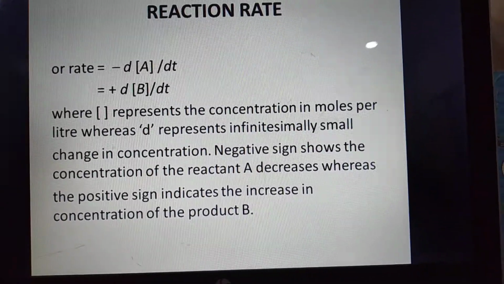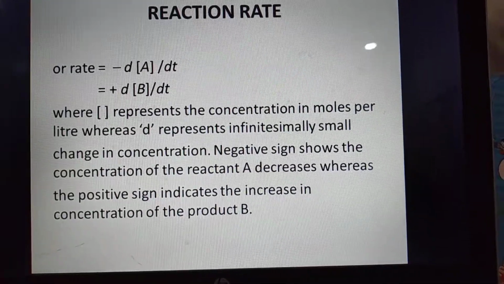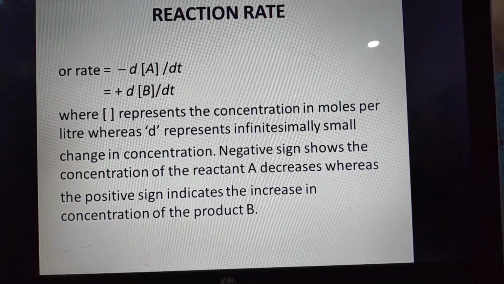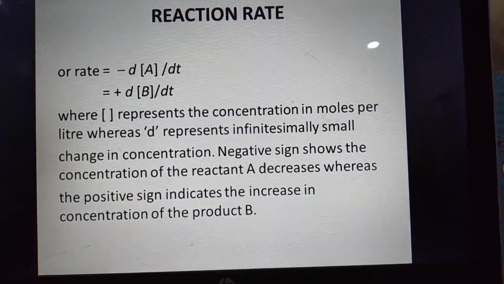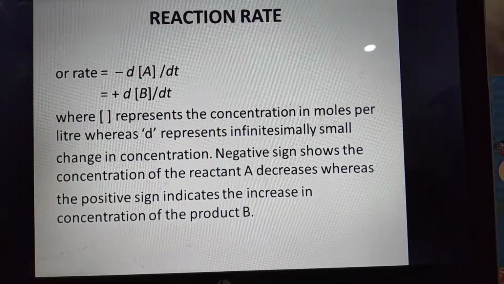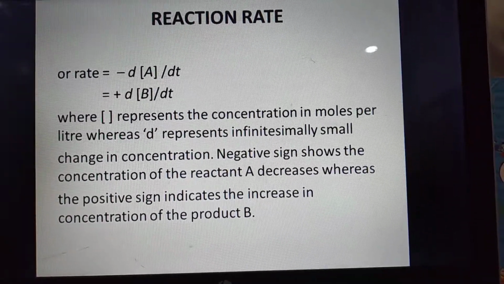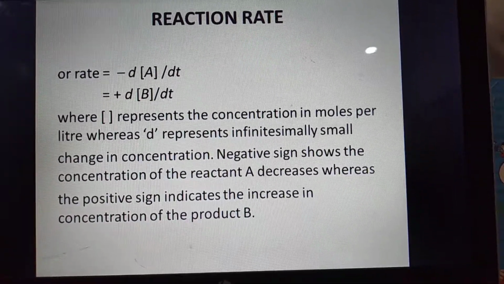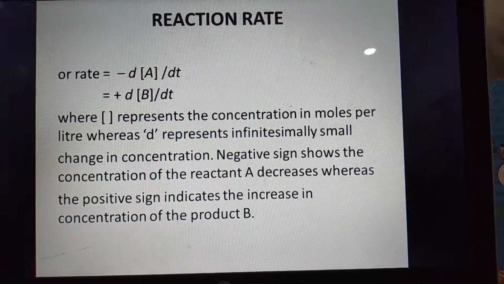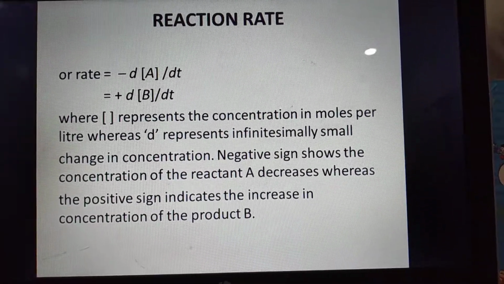In our example, the reaction rate is equal to minus d[A]/dt for the disappearance of reactant A, and plus d[B]/dt for B, because B appears and increases while A decreases.